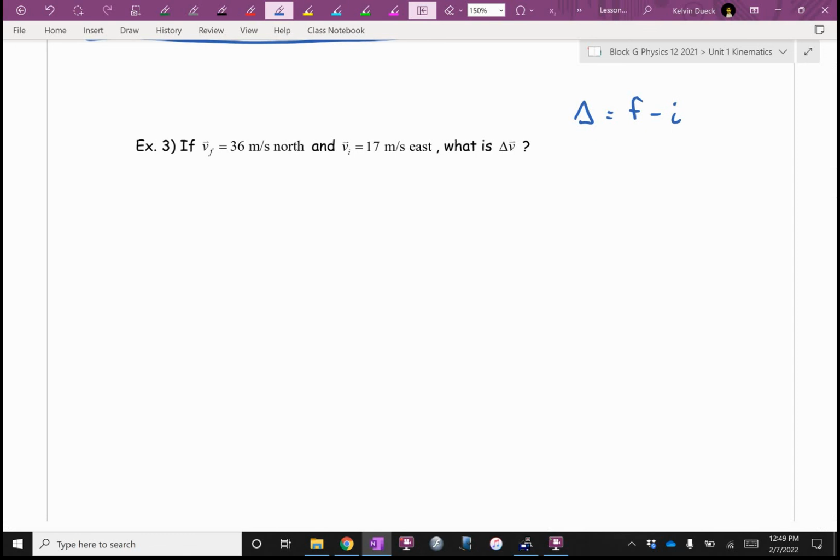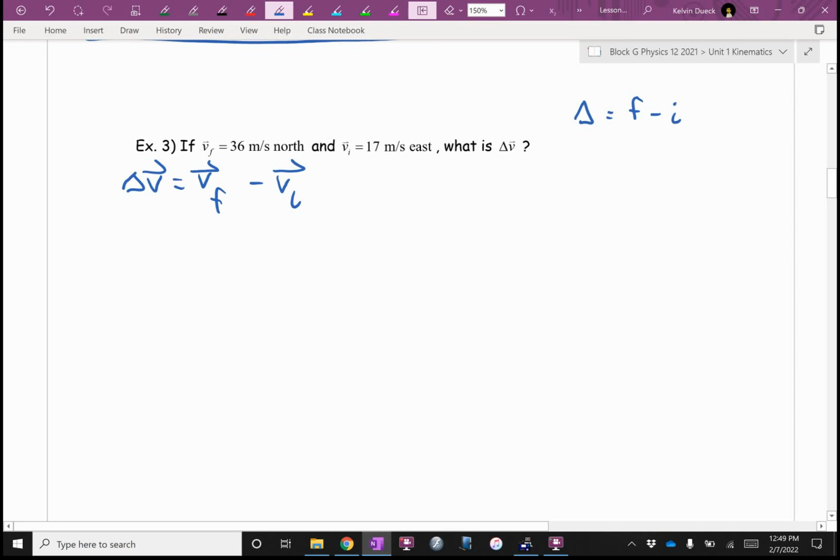Change in velocity is the final velocity minus the initial velocity. Change in voltage is the final voltage minus the initial voltage. Change in momentum, also called impulse, is the final momentum minus the initial momentum. And so, Nick, when this says delta V, I'm going to be going V final minus V initial.